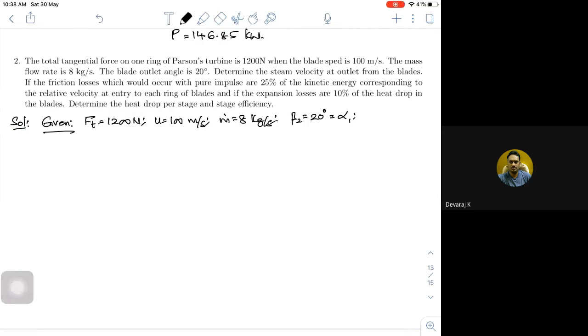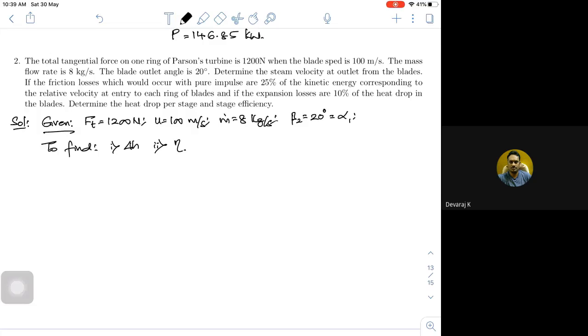Okay. Now, what are the things we are supposed to find? We are supposed to find one, the enthalpy drop, that is delta H per stage, and the efficiency.